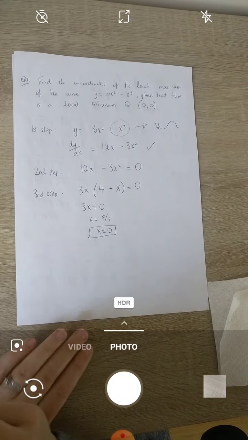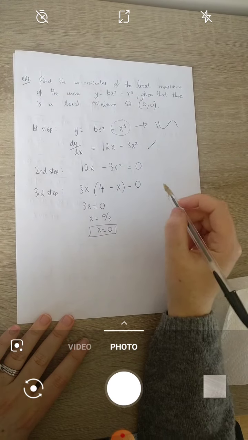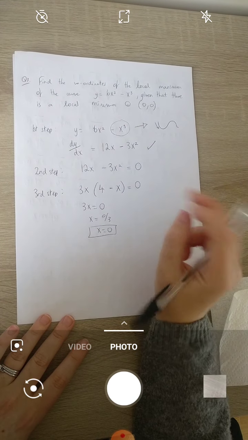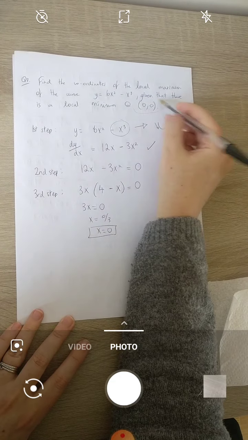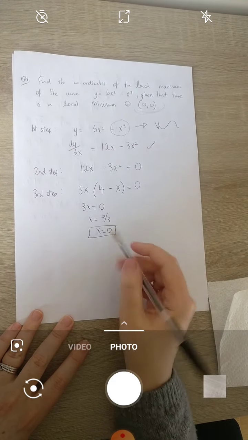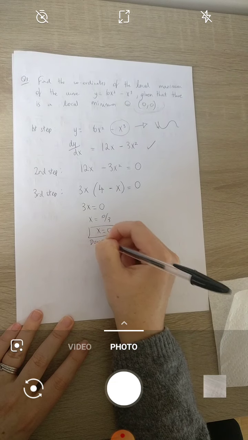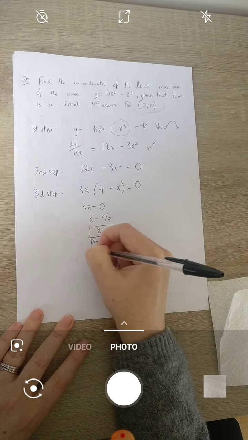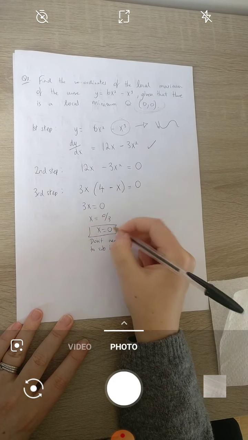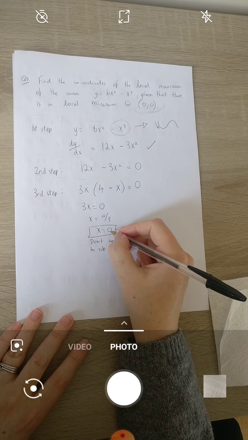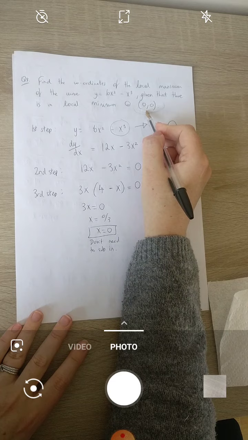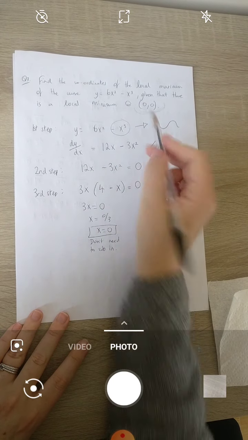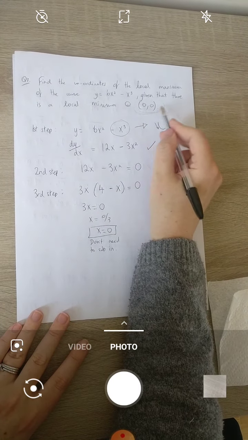Now, we're trying to find two x values, but we don't need the two of them this time because we already know that the minimum point is (0, 0). So we don't need to sub this 0 into the original, because when you sub 0 back in, the answer is going to be 0 since you know that point.